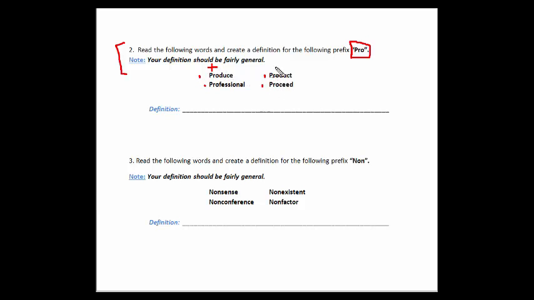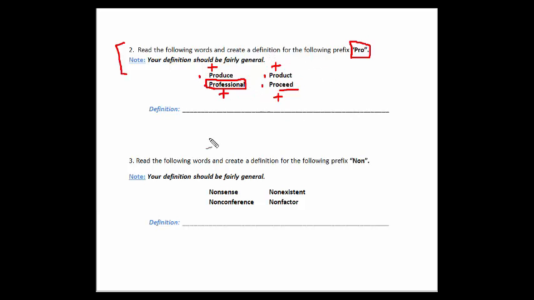Product is to positively create something. Proceed. Seed means to move forward, and it's going to be positively moving forward. Professional. Professional is moving forward, in essence, getting the job done, because you are a professional and you will be able to make money. It's a positive prefix. It's usually going to refer to things that are moving forward.